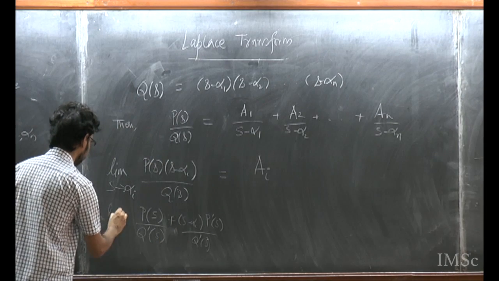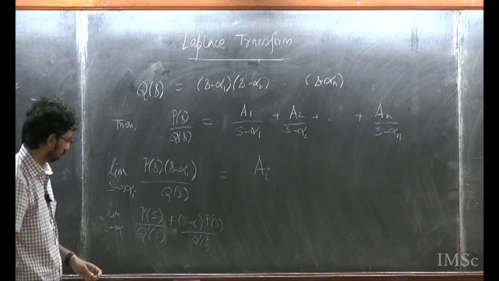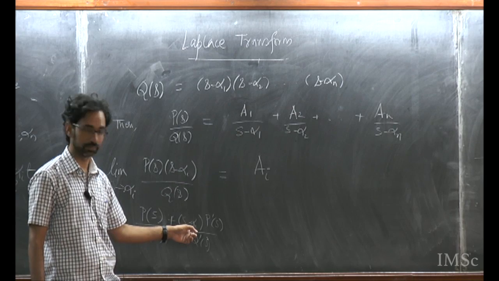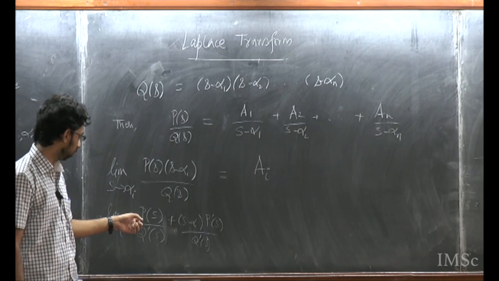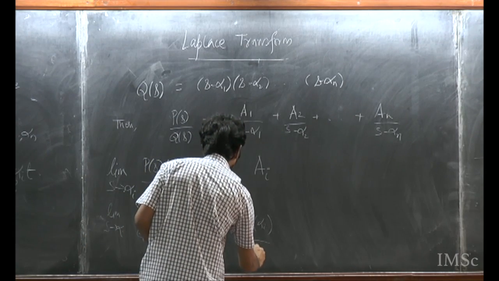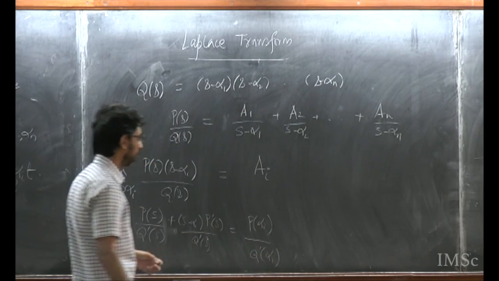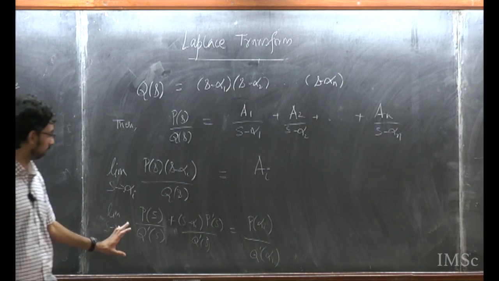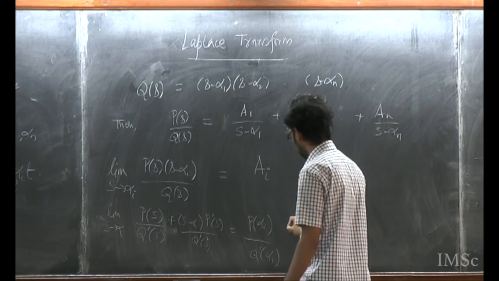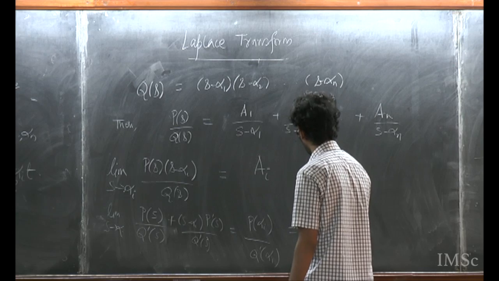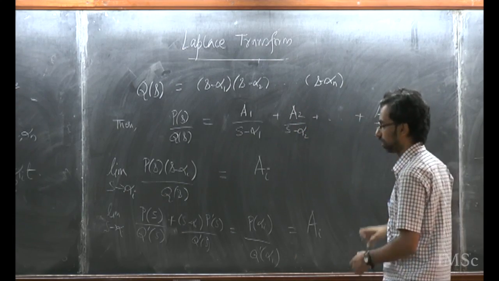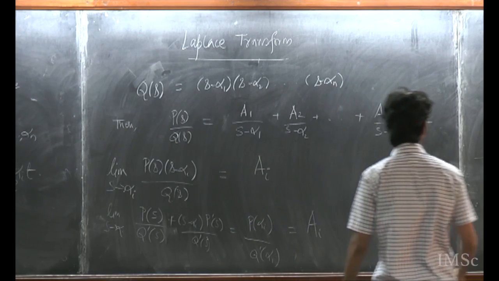When you take the limit, this part will vanish because you have an (s minus alpha i) term. Here what you get is P of alpha i over Q dash of alpha i. So the left hand side is P of alpha i over Q dash of alpha i, and on the right hand side you get ai. So we have in fact identified these coefficients in this partial fraction expansion in terms of P and Q.